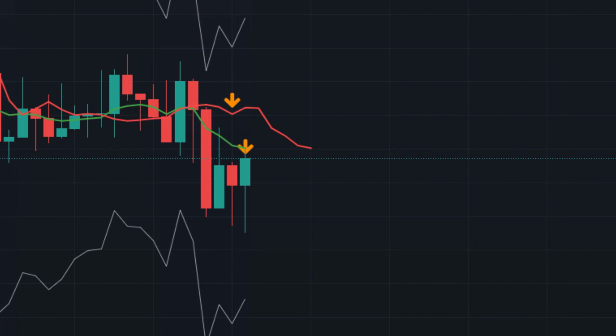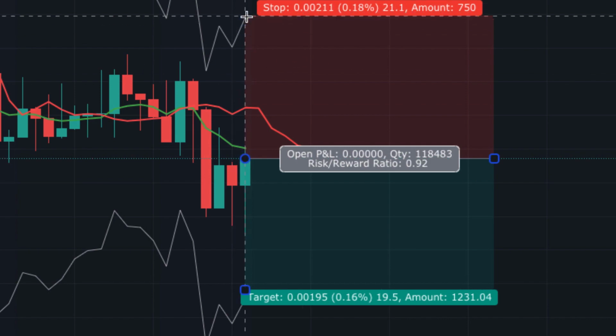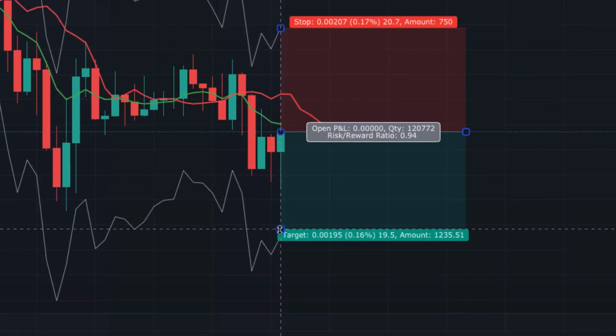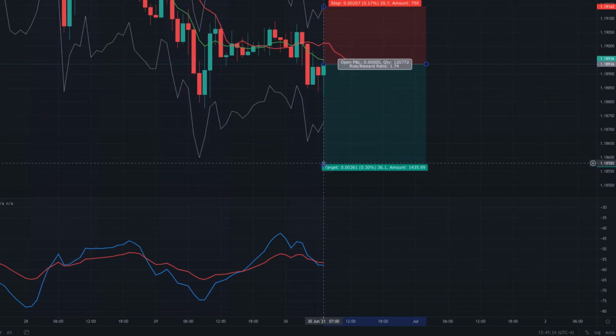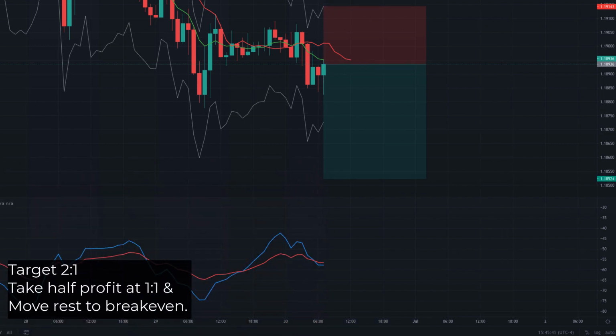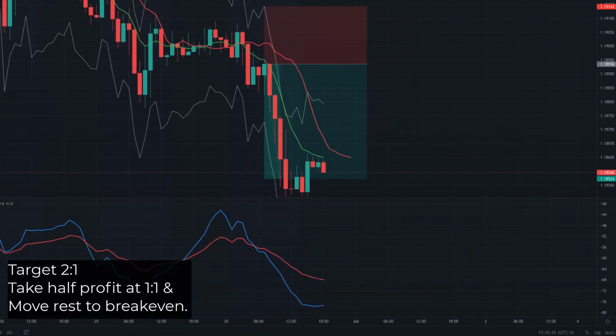That's our trigger candle. So we are going to enter short at the close of that candle. Our stop will be the ATR band, and we are going to target 2 to 1. And let's see how that plays out. And that one is a winner.